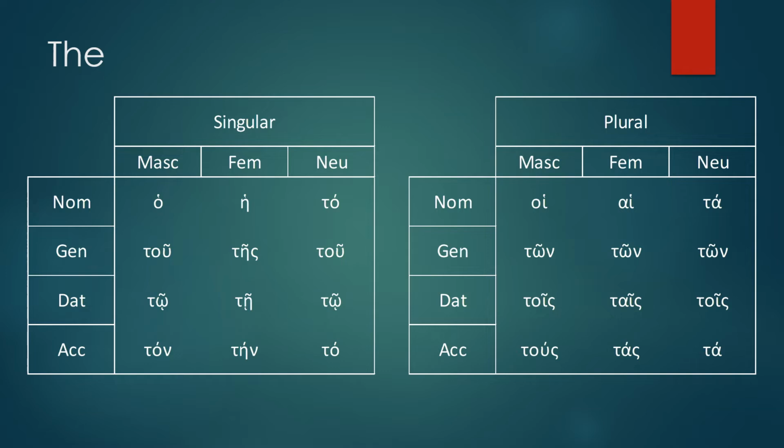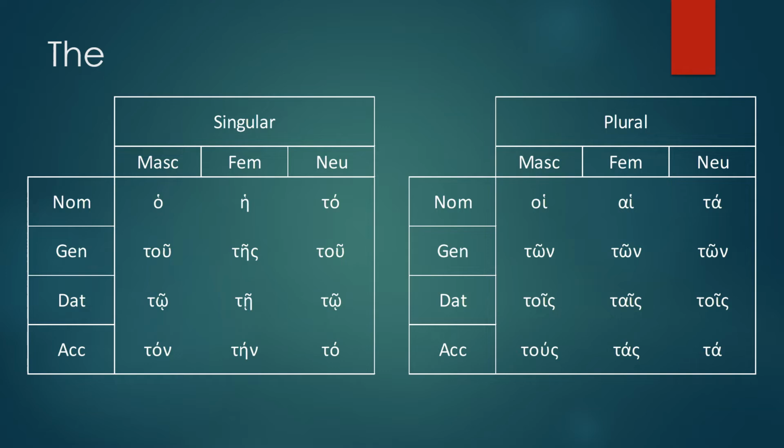But there's a curiosity about the nominative singular and plural masculine and feminines. We see both a lack of that tau at the beginning and a lack of an accent mark. Those are just rough breathing signs on top of the omicron and eta for the singular and on top of those iotas in the plural.